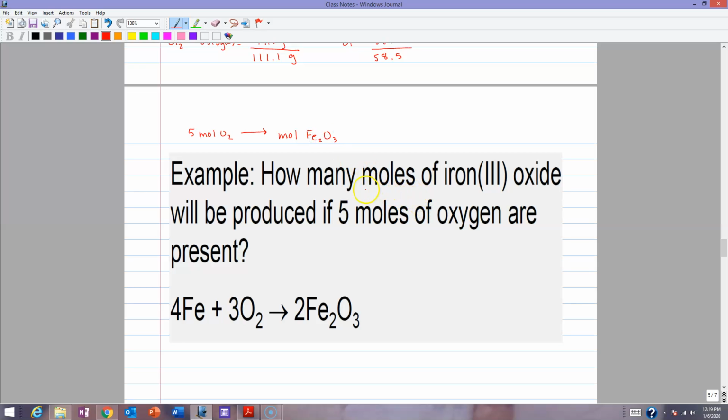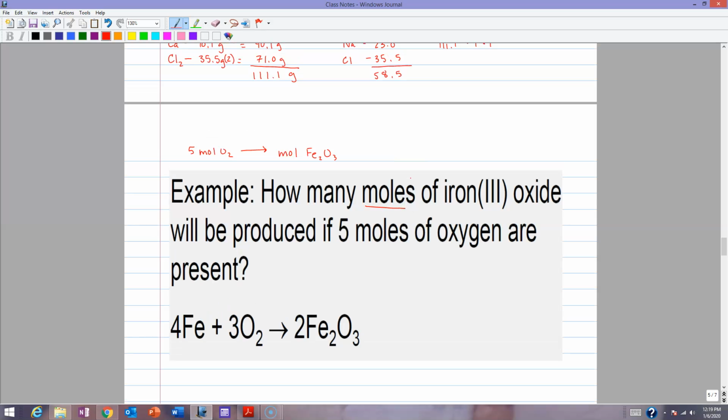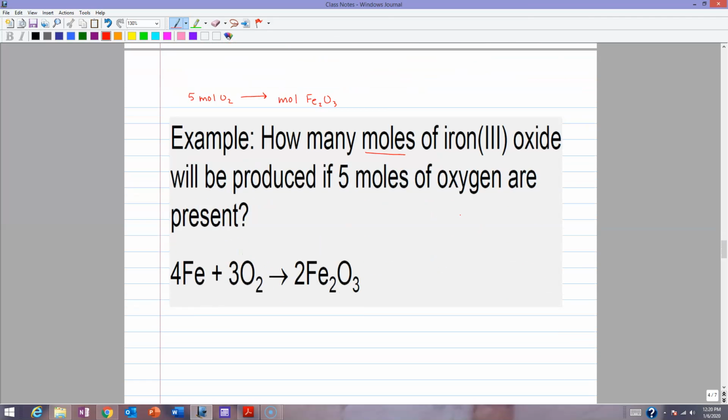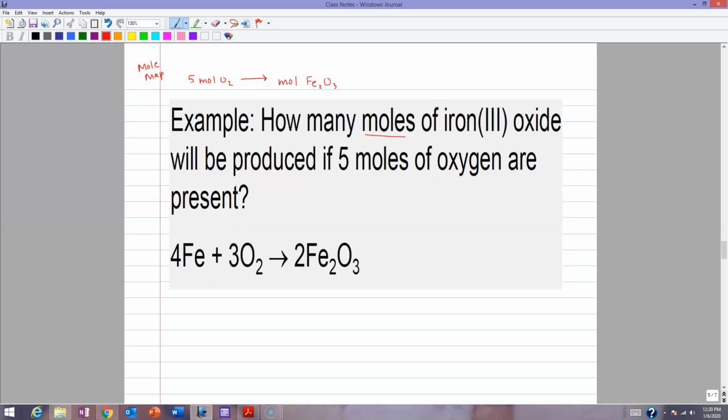And I want my answer in moles. So again, I don't have to convert to mass, particles, or volume. My answer is going to be right there. So what this means is that I only have one conversion factor. Sometimes we call this little chart a mole map, and on your mole map, each arrow is going to be one conversion factor.